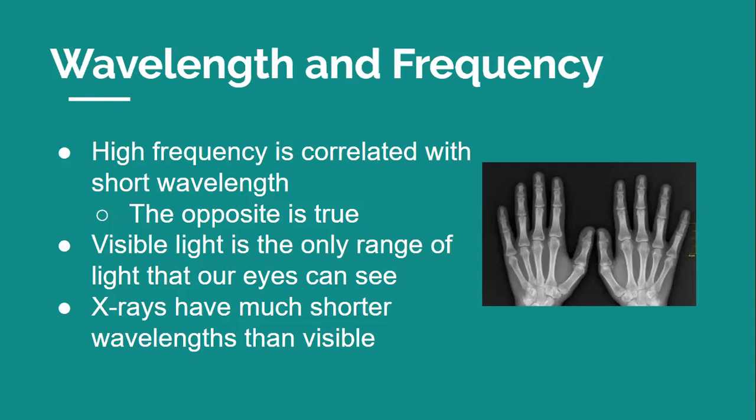The first part of the electromagnetic spectrum, we are going to have our radio waves. Then we're going to have our microwaves, our infrared, our visible spectrum, our ultraviolet, our X-rays, our gamma rays. Now, all of these have very specific properties and very useful things for each one of them.